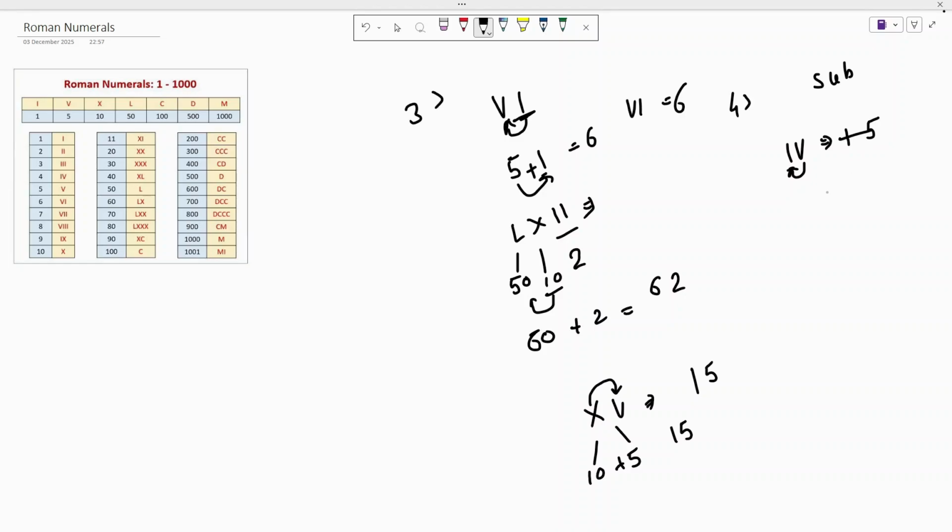So we subtract, which means 5 minus 1 is 4. So IV is for 4. I will give you another example. IX. X is for 10, I is for 1. I is to the left side of the 10, so it becomes 10 minus 1, which is 9.